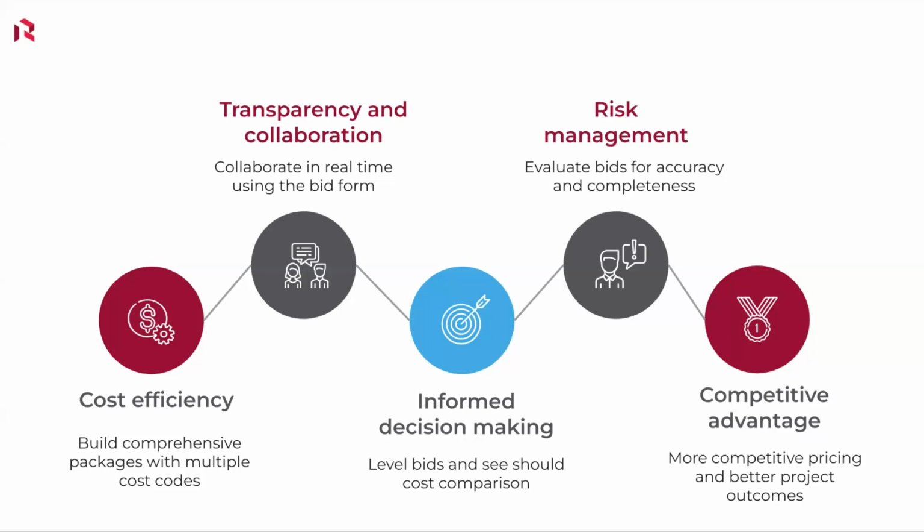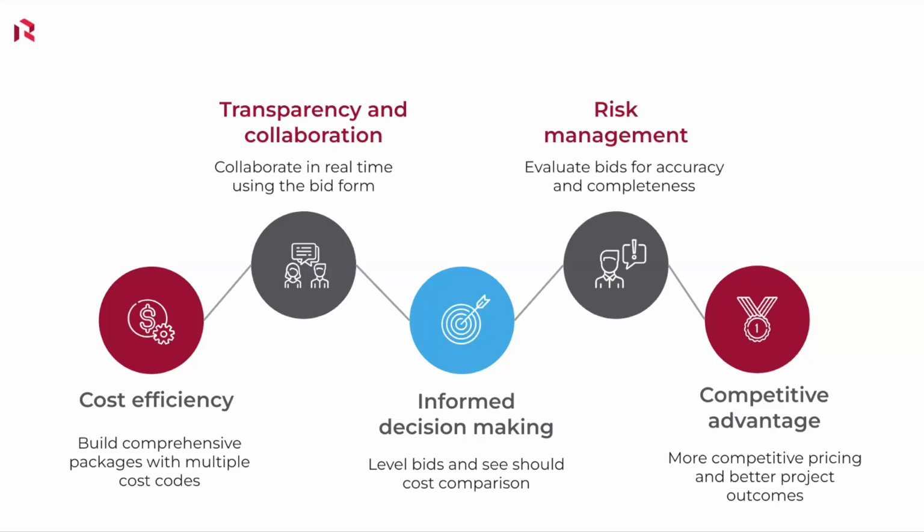It ensures that all parties understand the criteria used for selection, which can improve trust and cooperation and also enhance your relationship with your subs. Next, we have informed decision-making. With a structured evaluation of bids, the company can make well-informed decisions based on detailed analysis rather than gut feelings or incomplete information. This leads to a better selection of subcontractors and suppliers who align with the project needs and goals.